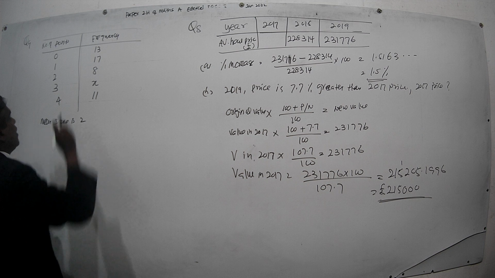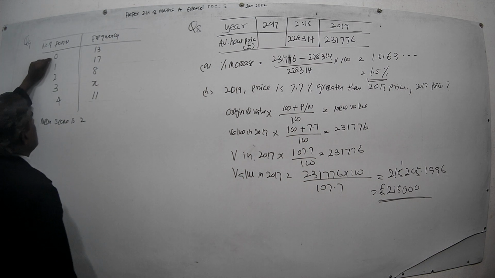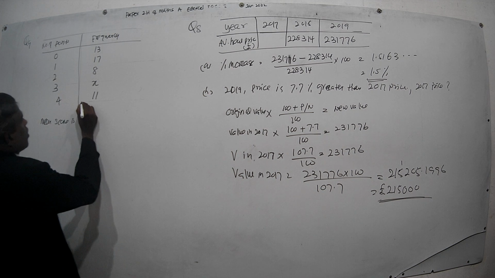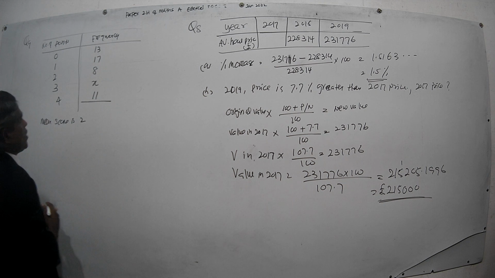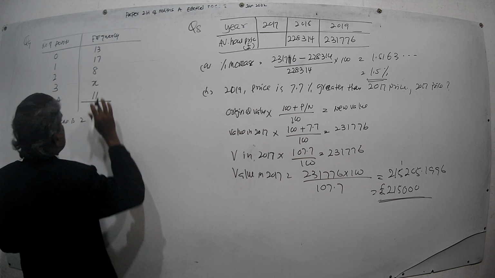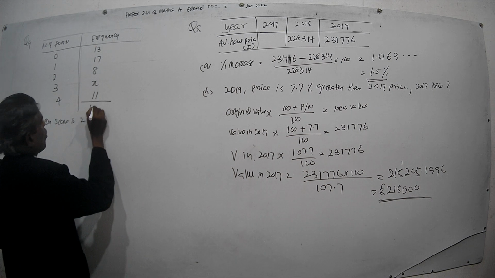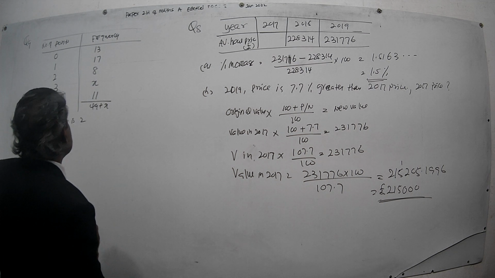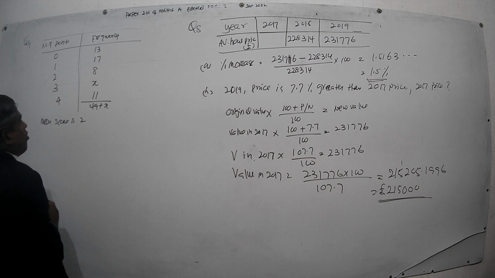How do you find the mean? Frequency multiplied by the data given in the frequency table, divided by the total of the frequencies. The total of the frequencies: 13 plus 17 is 30, 30 plus 8 is 38... 30 plus 11 is 41, 41 plus 49... 49 plus X will be the total of the frequencies.